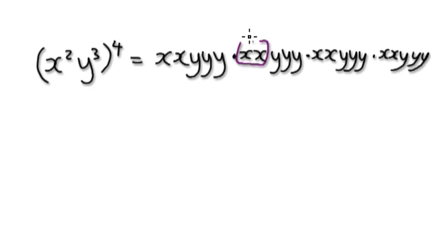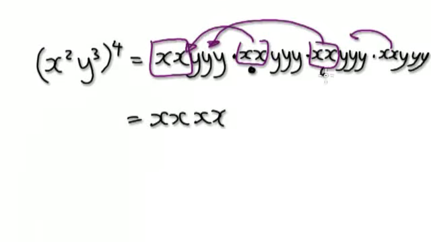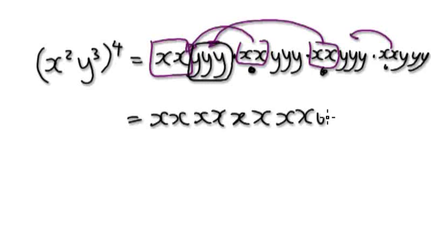Now let's move these two x's over here, these two over here, these two over here. So basically it will look like this: x x, that's these two here, and then these two here, that's x x again, and then this one here, x x, and then this one here, x x, and then look at all the y's now. You've got y, and then this y here, y, y.